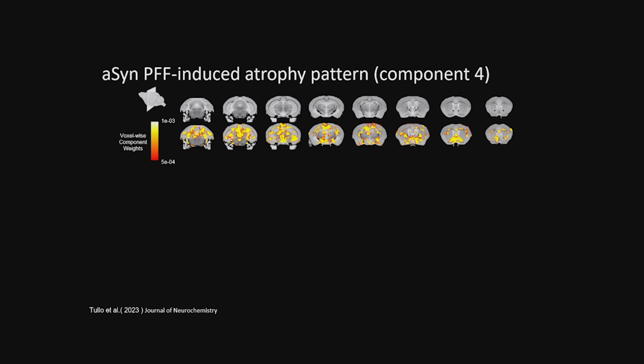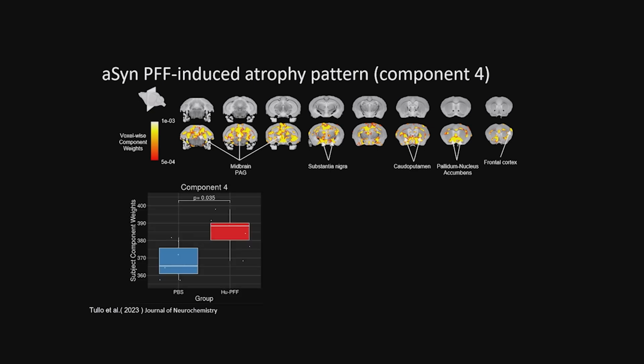If you haven't seen much in terms of mouse brains, on the left you see the cerebellum, or the back of the brain, moving forward towards the front of the brain on the right-hand side. Even though we inject in the dorsal striatum on the right-hand side, we get bilateral atrophy in the animals that have been injected, and we get regions that are interesting in the context of movement disorders and synucleinopathy, including periaqueductal gray, the substantia nigra, caudoputamen, the accumbens, and the frontal cortex.